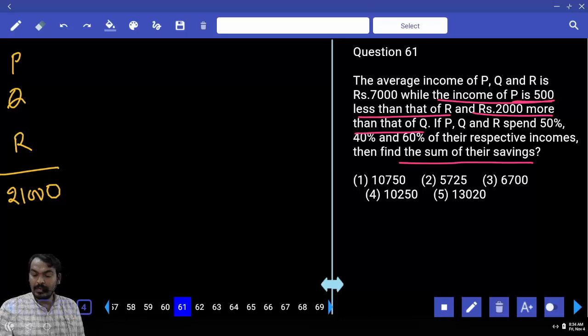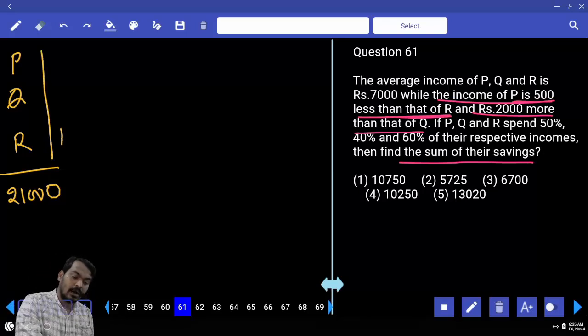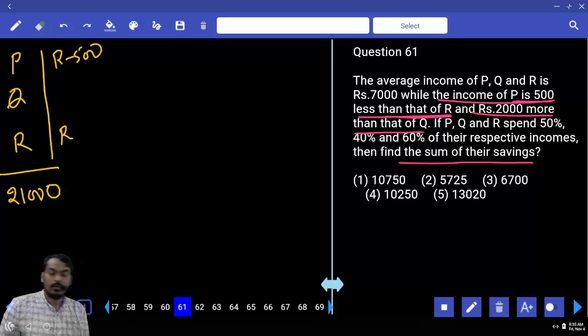What is the first condition? P is 500 less than that of which one? R. Suppose R is getting R rupees, P is getting R minus 500. Yes or no? What is the next one? 2,000 more than that of which one? Q. Means P compared to Q, how many rupees are more getting? 2,000 more.